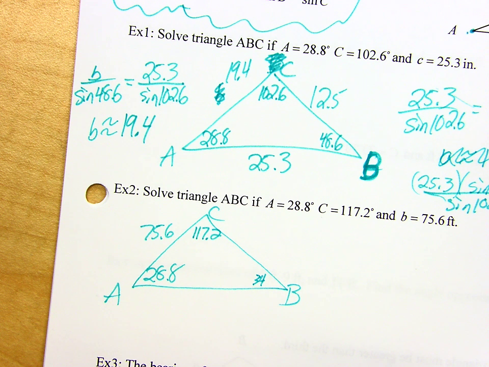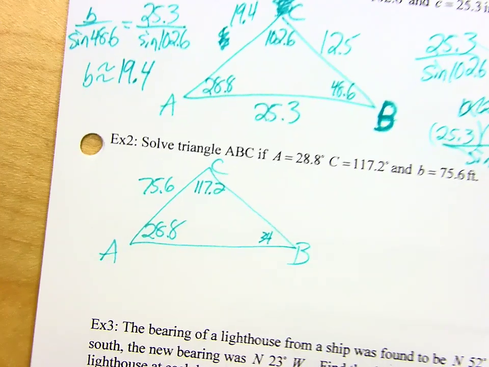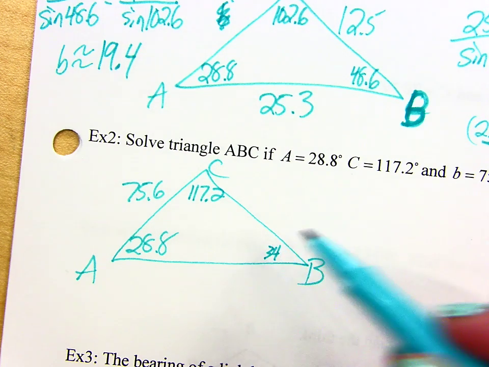I'll give you 30 more seconds. You should be almost done. All right. So, first thing I did was find missing angle B, because you have to find it anyway.